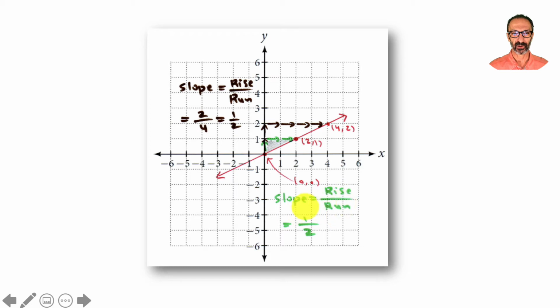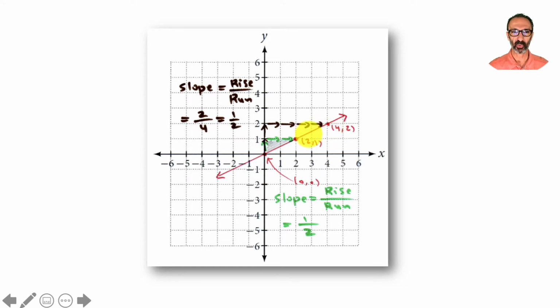Or, looking at the green color, I could only go 1 up, 2 right, and that will be 1 over 2, still the same answer, 1/2. So it doesn't matter how far you go up or how far you go right. If you pick these 2 points or these 2 points, it simplifies to the same ratio. The rise compared to the run is the same anywhere you go on the line. So the line has the same slope everywhere.